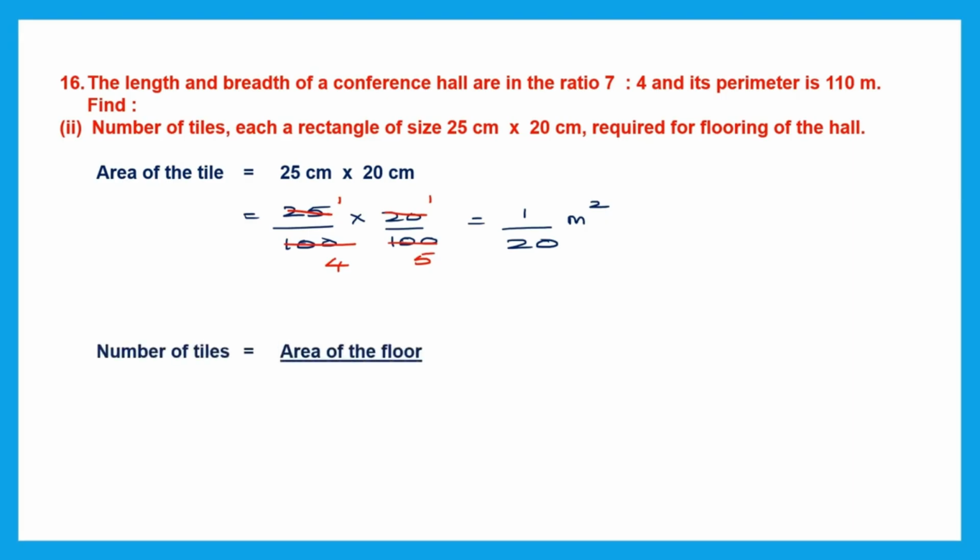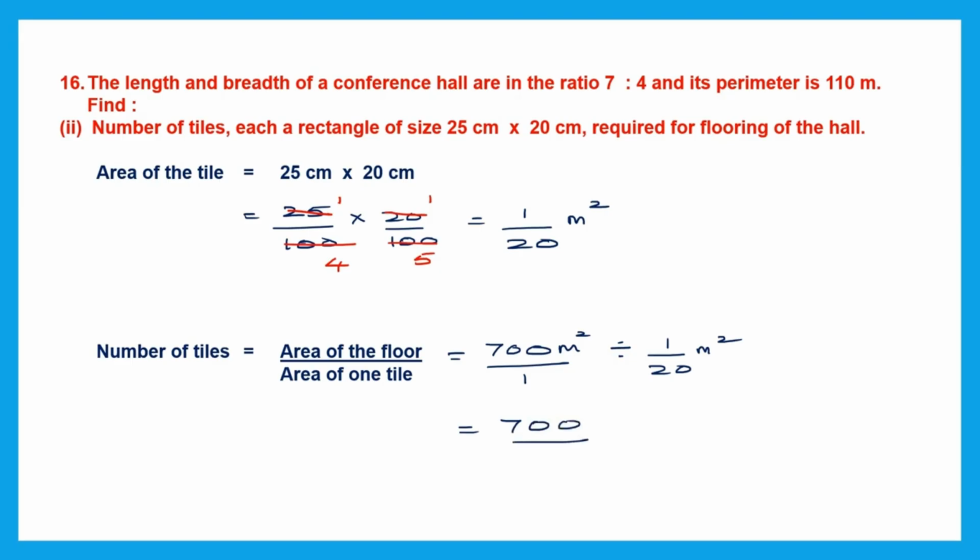Now to find the number of tiles, we say area of the floor divided by area of one tile. Area of the floor we found out to be 700 meters square divided by area of one tile, which is 1 by 20 meters square. So now this is division of fractions. So let's convert it to multiplication.